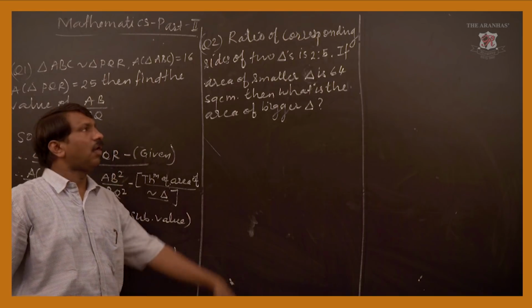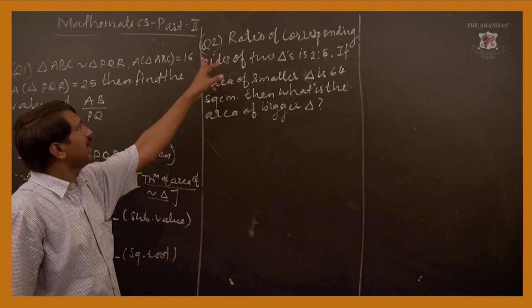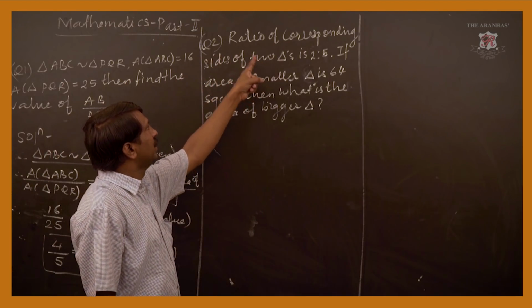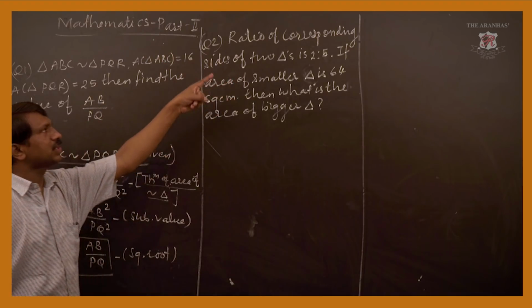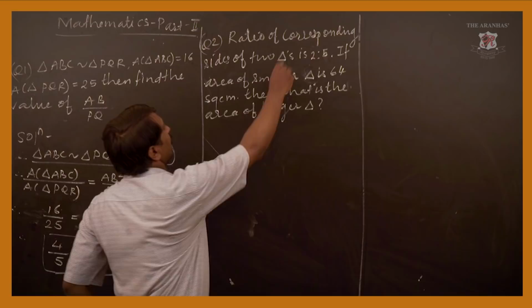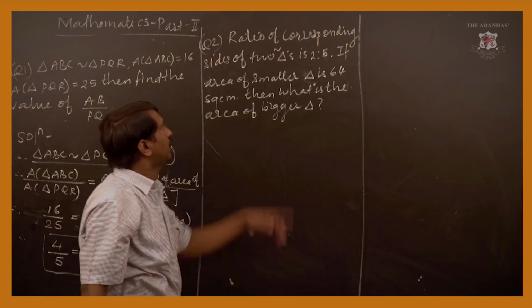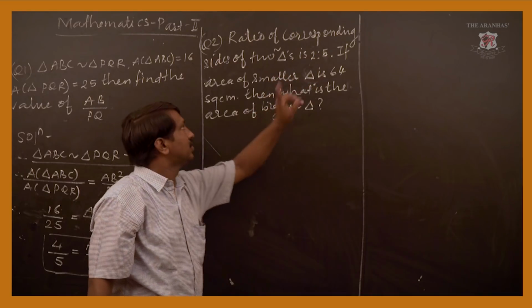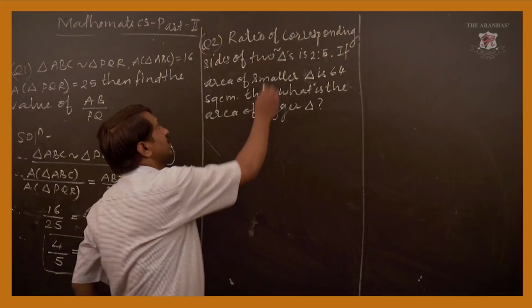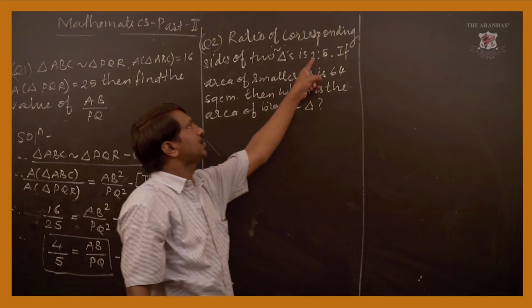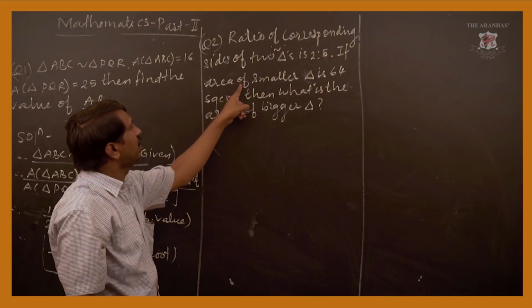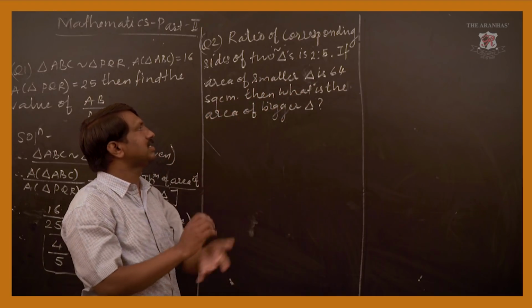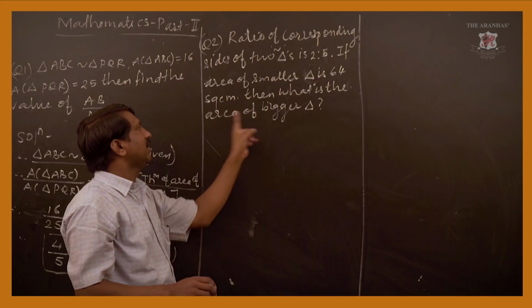The question is given in the form of the ratio of corresponding sides of two triangles. They already mentioned that these two triangles are similar, so the ratio of corresponding sides of two similar triangles is 2:5. Sorry, the similar sign was not written here. If the area of the smaller triangle is 64 square centimeter, what is the area of the bigger triangle?